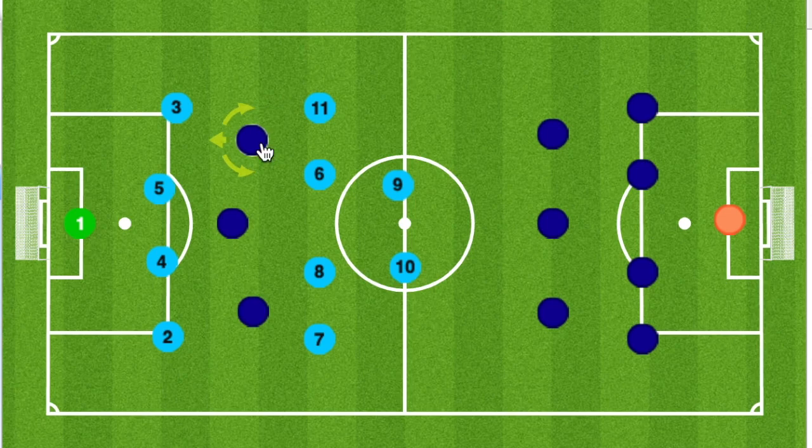Another disadvantage is that it's very demanding for the number 5, 6, and 8 because there are so many opportunities to go up and attack, and essentially, of course, you're always having to defend when the opponents recover the ball.